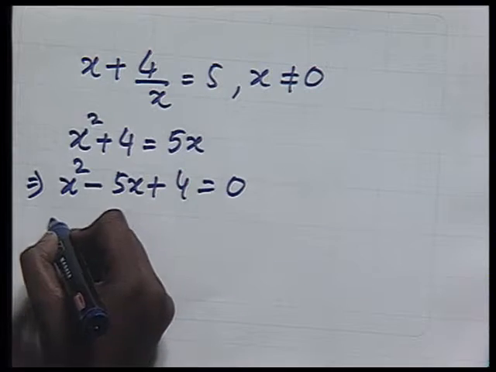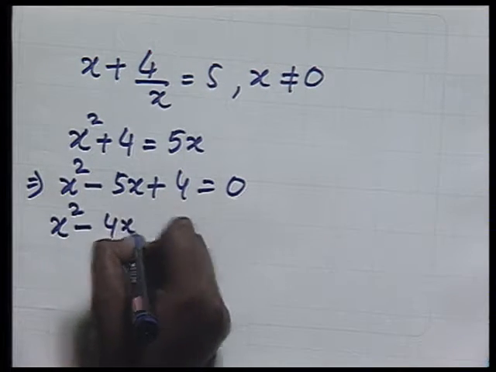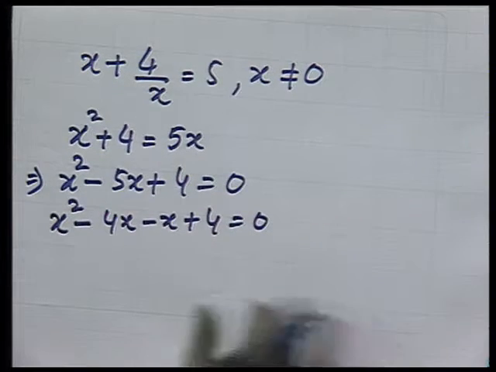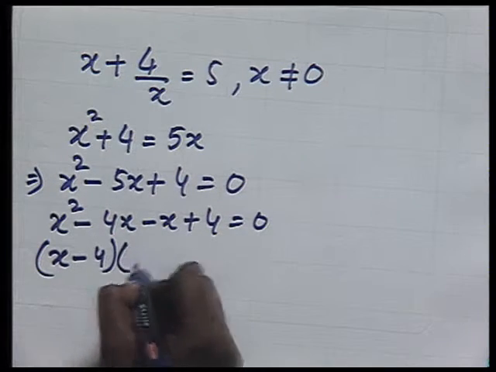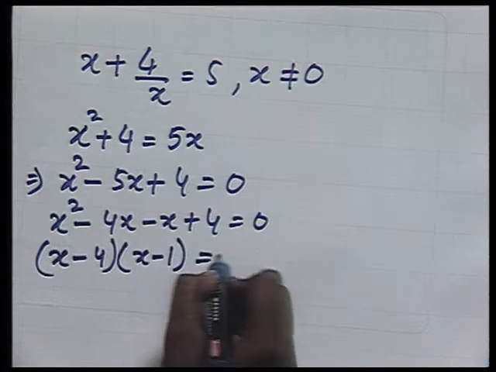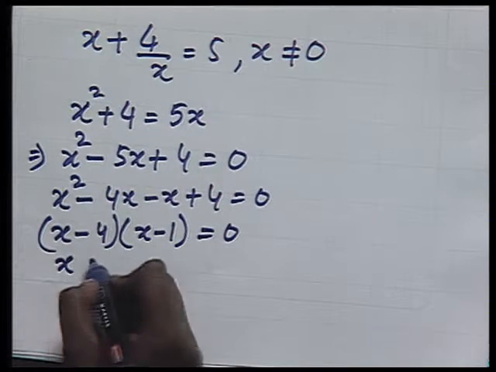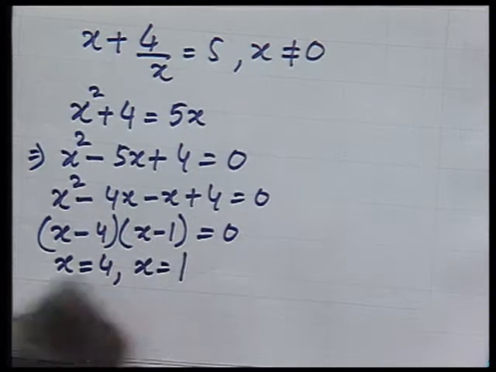Yes, this can be factorized as x square minus 4x minus x plus 4 equal to 0, and the factors of this equation will be x minus 4 into x minus 1 equal to 0. That gives us the roots of this equation as x is equal to 4 and x is equal to 1.